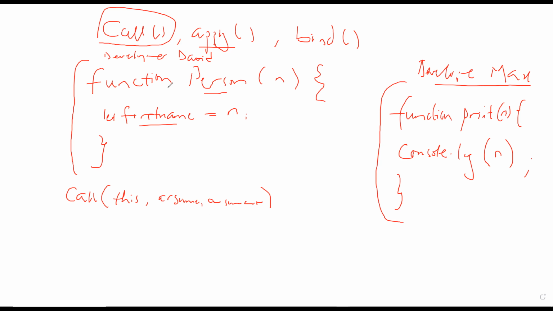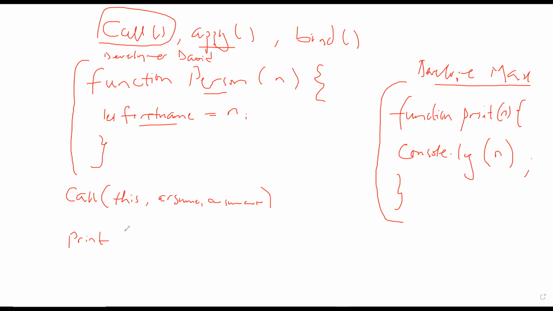Now, you know that a function is what? An object. So I can use this print, I can call this function. This is one of many ways we can call a function.